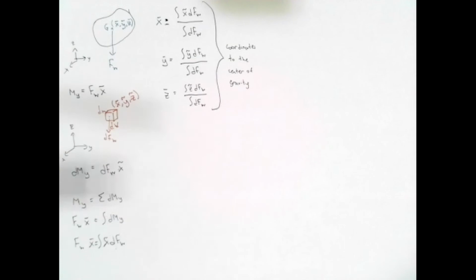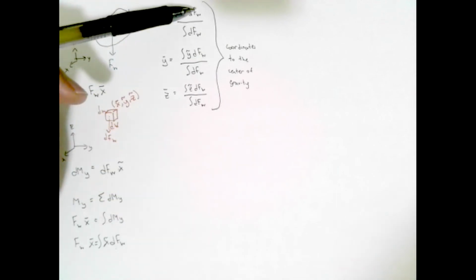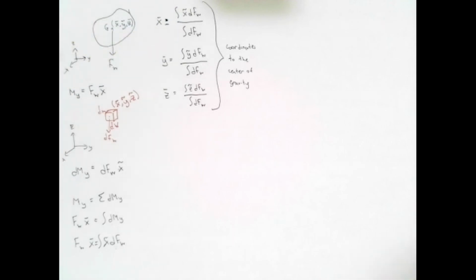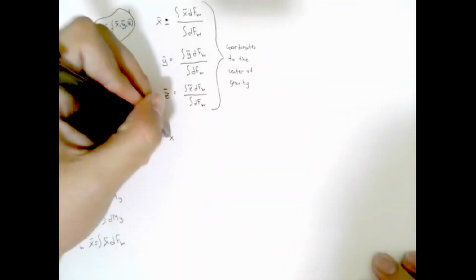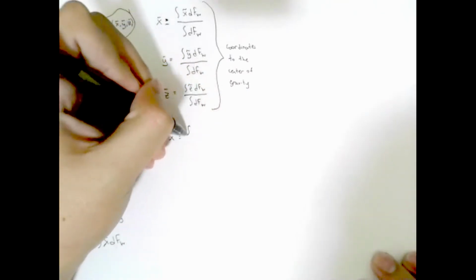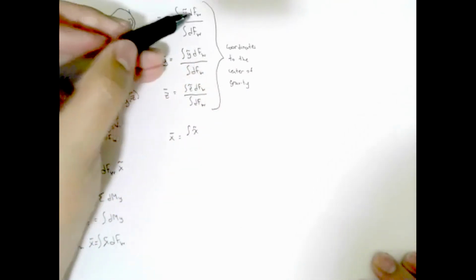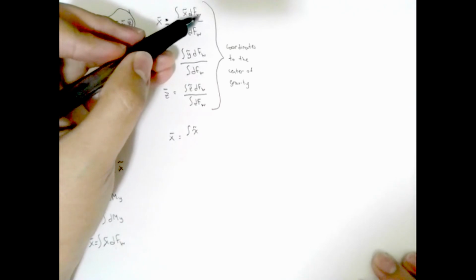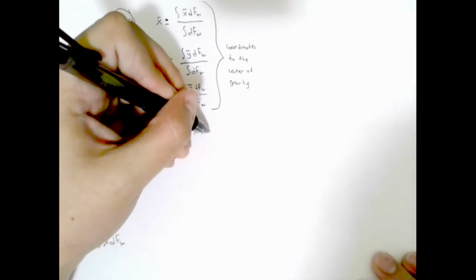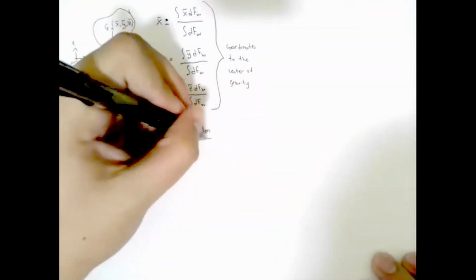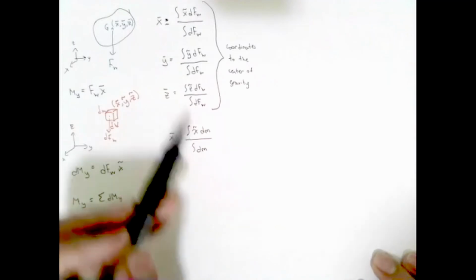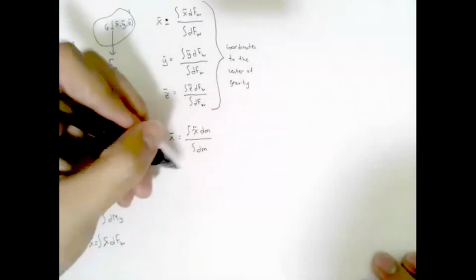Notice that if we repeat the same process, but instead of focusing on weights, we were to focus on mass instead, we will get that the x coordinate of the center of mass will be equal to the same integral of x squiggly. However, instead of evaluating over infinitesimally small weights, we will be evaluating over infinitesimally small masses. So we get what's essentially the same integral, but evaluating over mass instead of over weight.